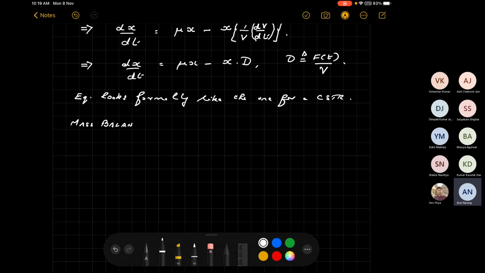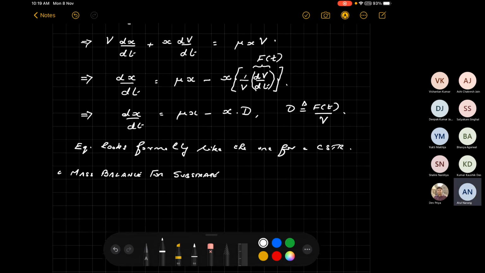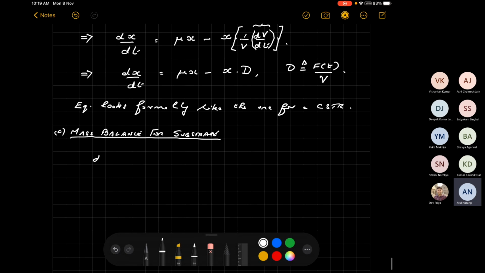Now the mass balance for substrate will also give an equation that looks exactly like the equation for a CSTR. So let's start. We have d/dt of S times V. This is the total amount of substrate in the reactor.